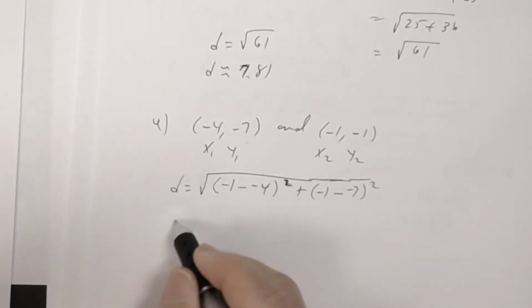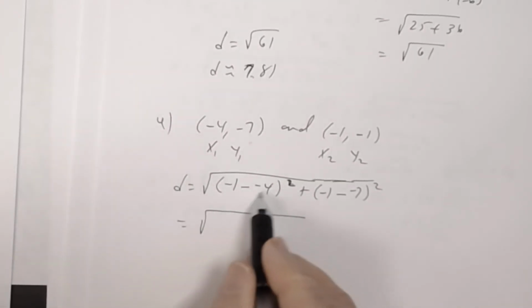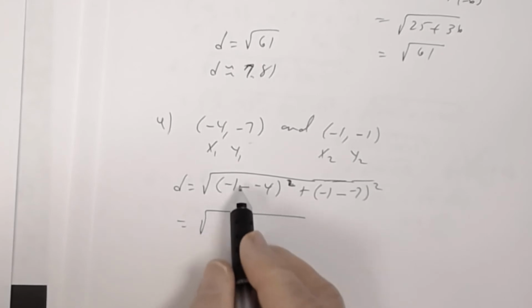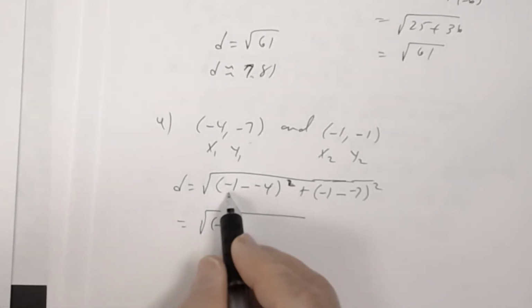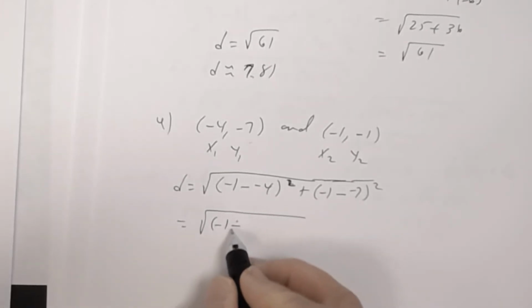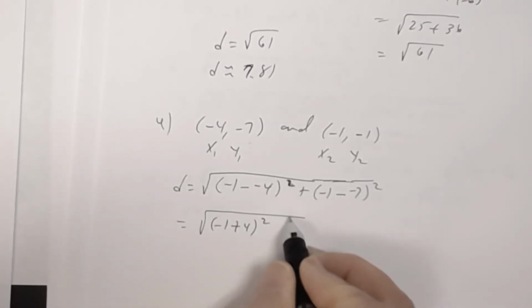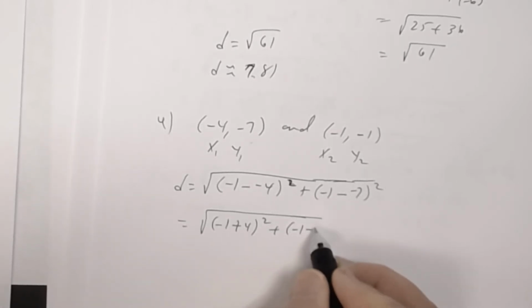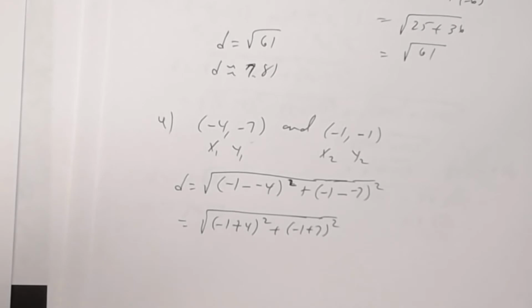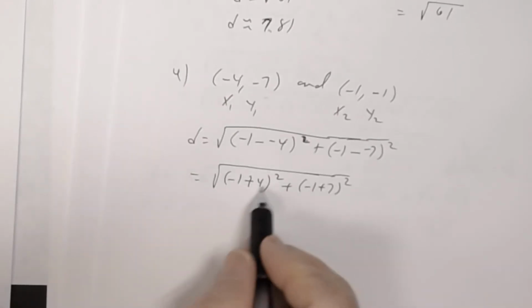Okay. Equal square root of, now let's deal with the first parentheses. So negative 1 subtract negative 4 means negative 1 plus 4 squared. Plus negative 1 subtract negative 7 means negative 1 plus 7 squared. Okay? Now let's simplify this further.